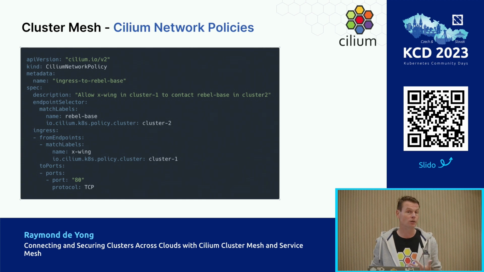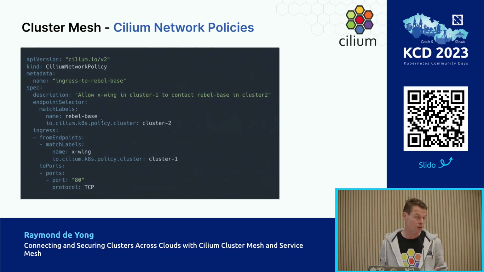Additionally, you can secure traffic across your clusters using Cilium Network Policies. Because we have meshed them, Cilium is aware about these identities in each cluster. In this case, we have, for example, a Rebel base and an X-Wing workload. And we only allow ingress traffic from the X-Wing pod or deployment from cluster 1, and we apply this rule on cluster 2.